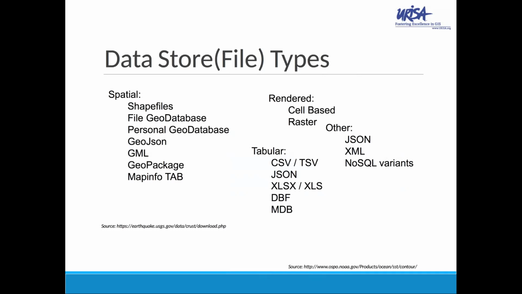So we're going to bounce back through a few. GeoJSON in the spatial and GML in the spatial are the least compact formats. And something like a file geodatabase or a GeoPackage might be the smallest, depending on a few issues.